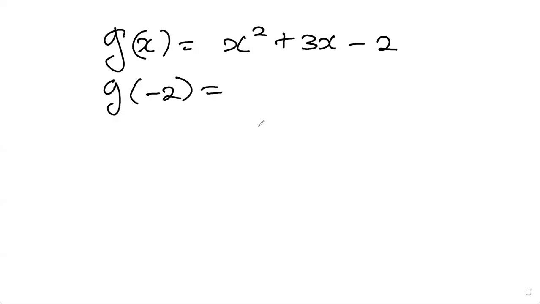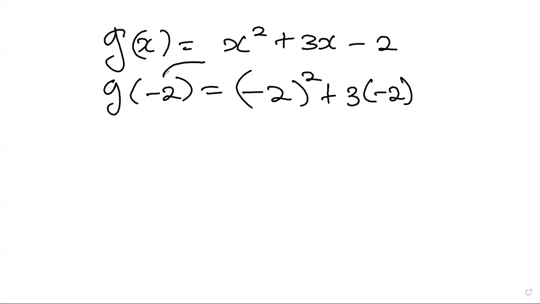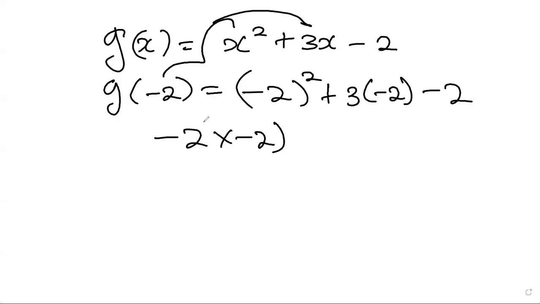So we have to substitute negative 2. So it's going to be minus 2 squared plus 3 times minus 2, because wherever we see x, minus 2. Negative 2 times negative 2 is going to give us positive 4. And of course, 3 times minus 2 is minus 6, a negative times a positive, definitely minus.